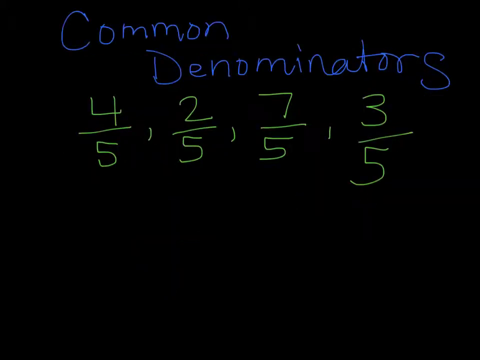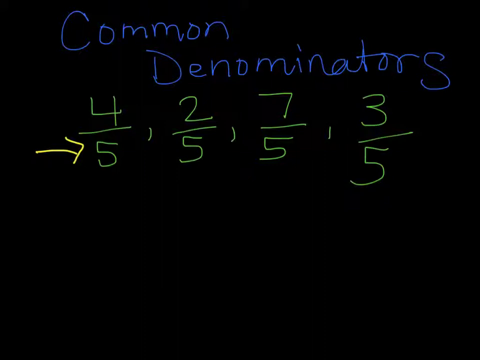If you're ordering fractions that have common denominators, using the pizza example again, a pizza was cut into 5 pieces, as you can see by the denominators, and the numerator tells us how many pieces out of that fraction you would actually get. It's pretty easy to organize these because we're talking about the same denominator.